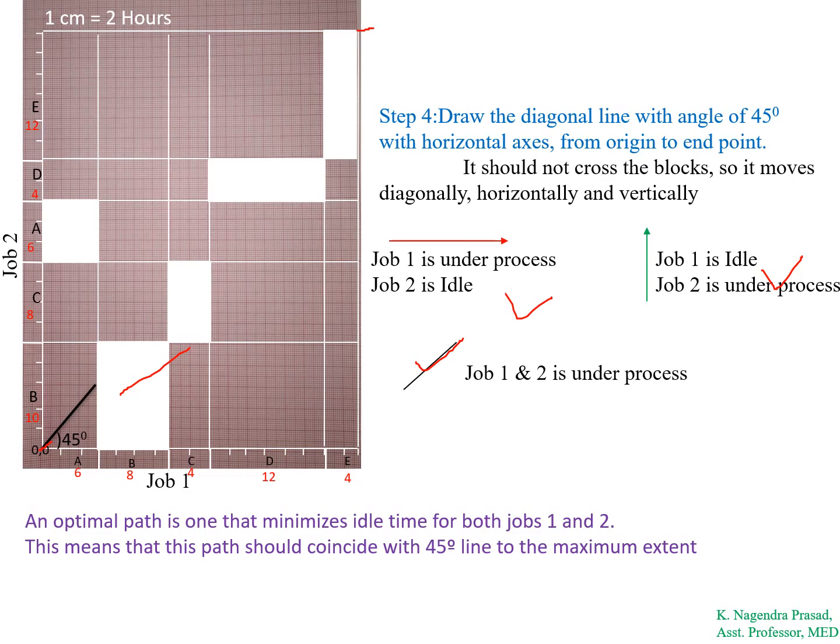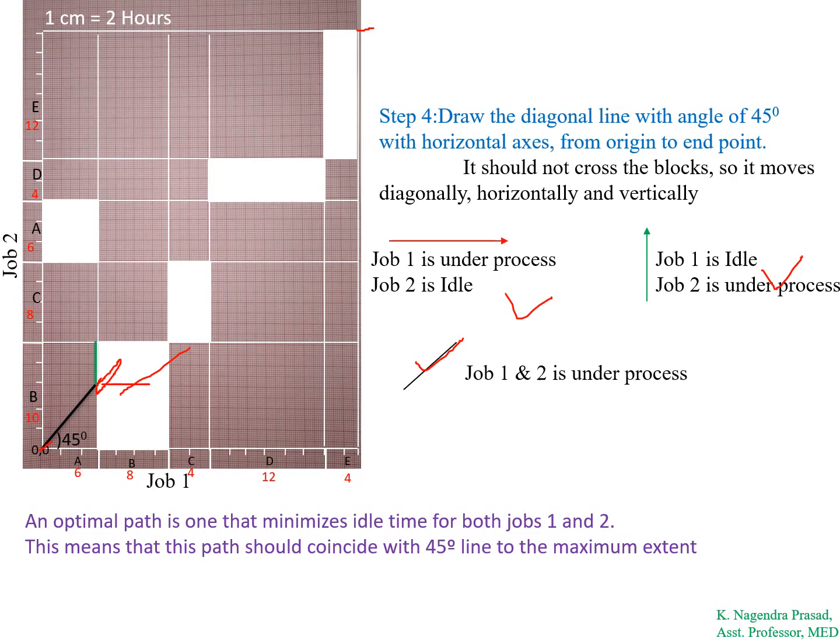So I started with the diagonal line and next it reaches near the block. Here if we extend this diagonal line, it crosses the block. One more thing, if I draw a horizontal line also, it will cross these blocks. Then we have to draw a vertical line.